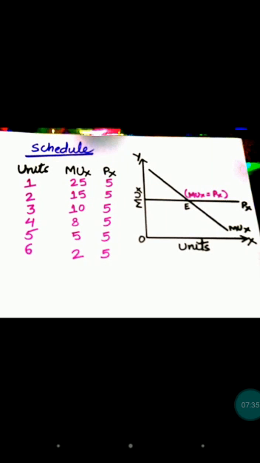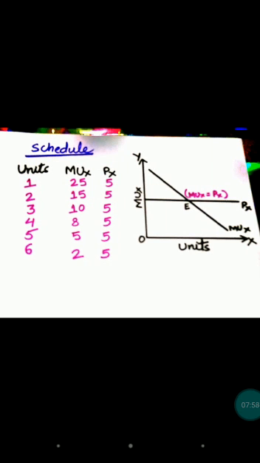Now units 1, 2, 3, 4, 5, 6. Now you all know that marginal utility is the satisfaction. When we have consumed the first unit, we get satisfaction of 5. Then we consume the second unit, and the satisfaction comes down. For example, if first of all we take one glass of water, we get some satisfaction, that is 25 utils.